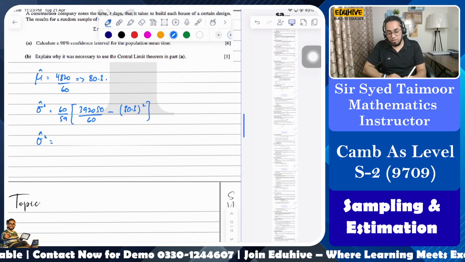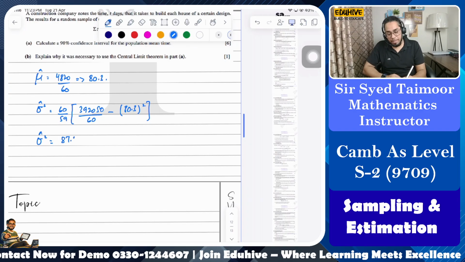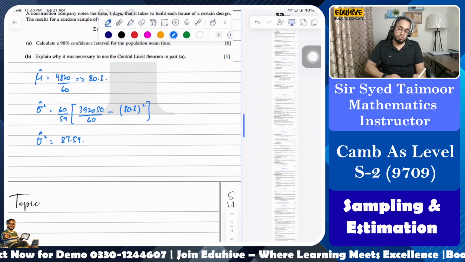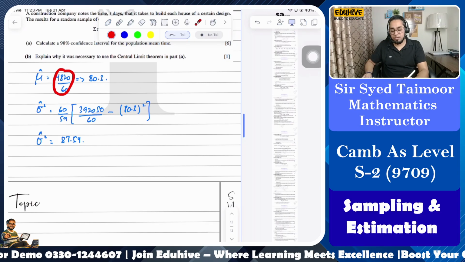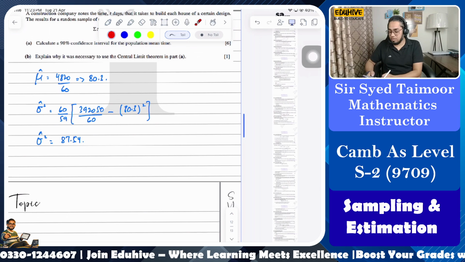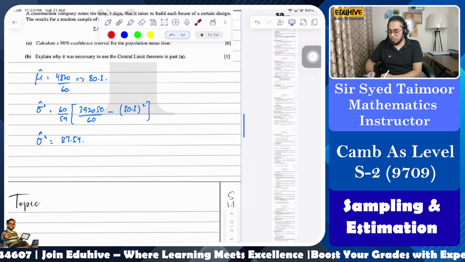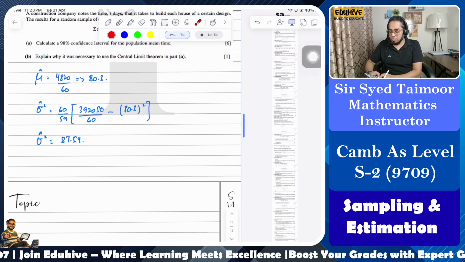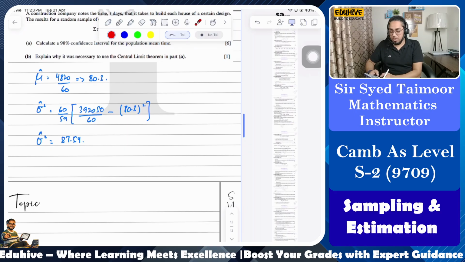87.54. Did you check it from this? Yeah, exactly. Sometimes it happens that we get a different value because we have rounded the estimated mean.